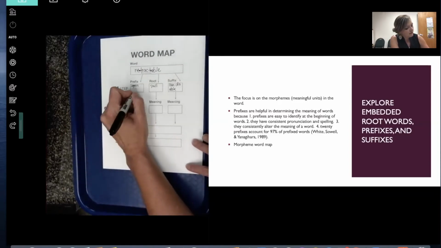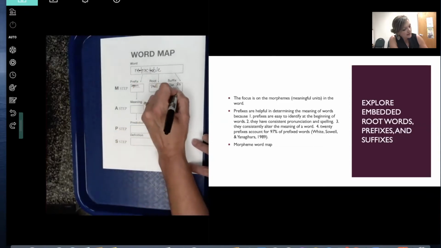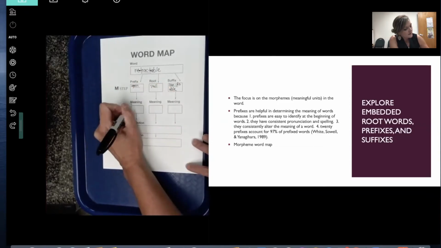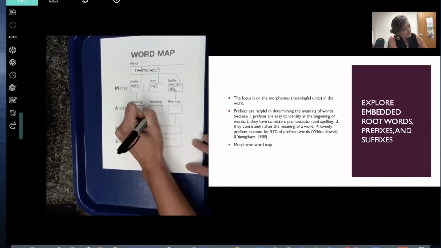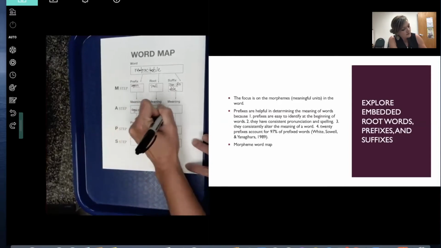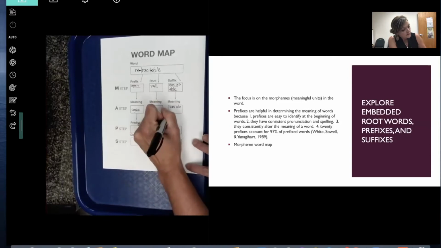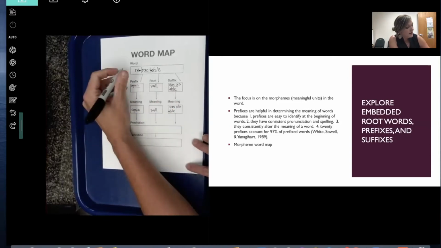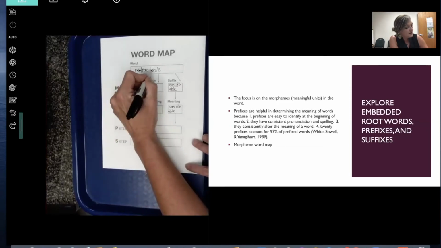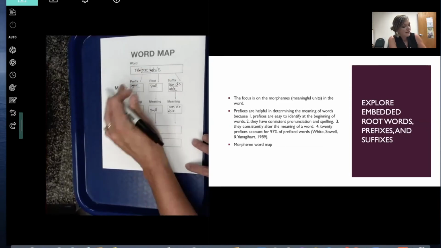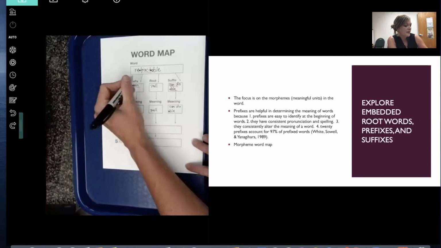Oh, hold on, guys. I apologize. That goes down here. You write your prefixes. When you separate them up here, you bring it down so that they can see each piece separated.